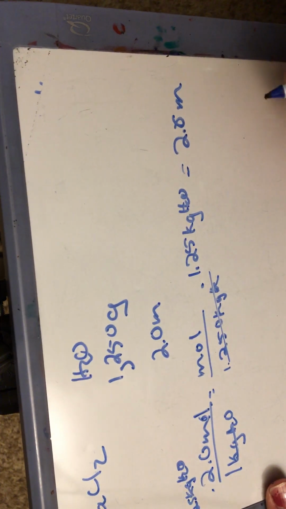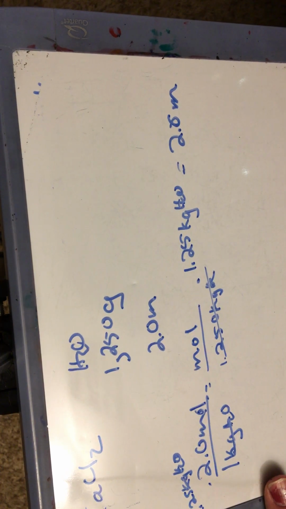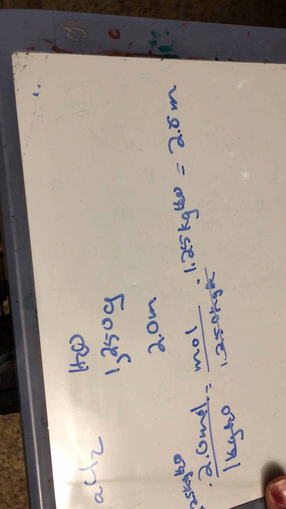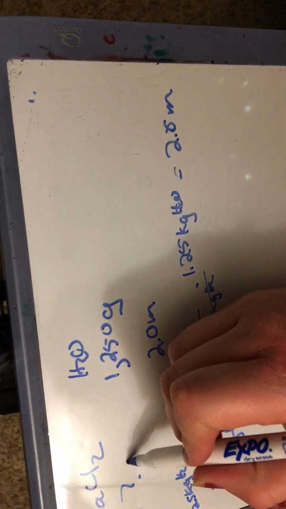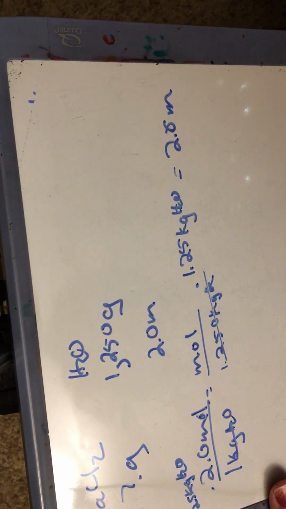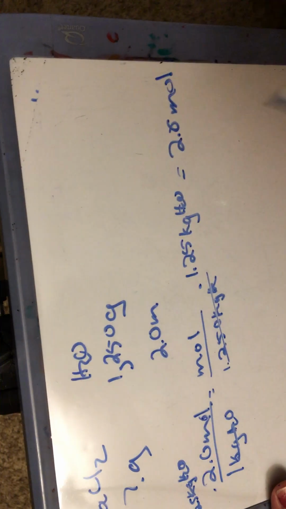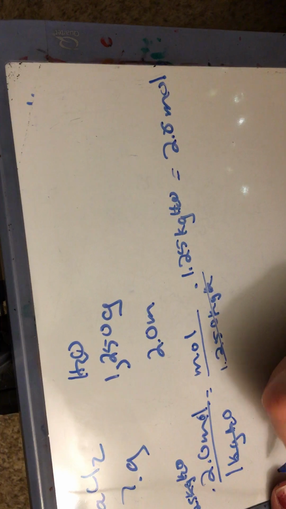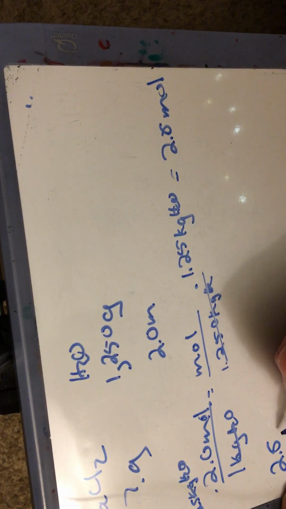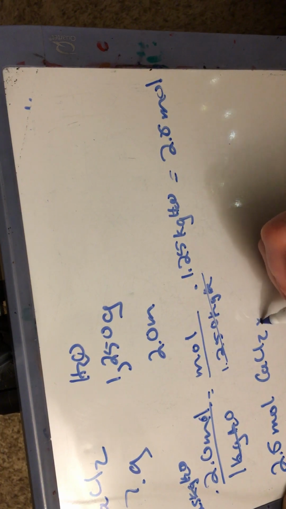And we want to know, right, how many grams. I think that's moles that we need. So we're just going to take 2.5 mole of CaCl2.